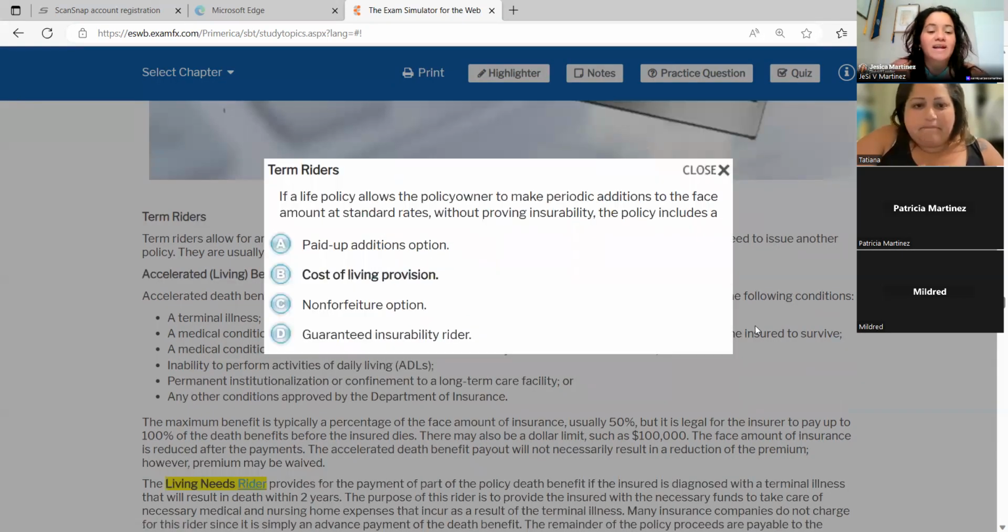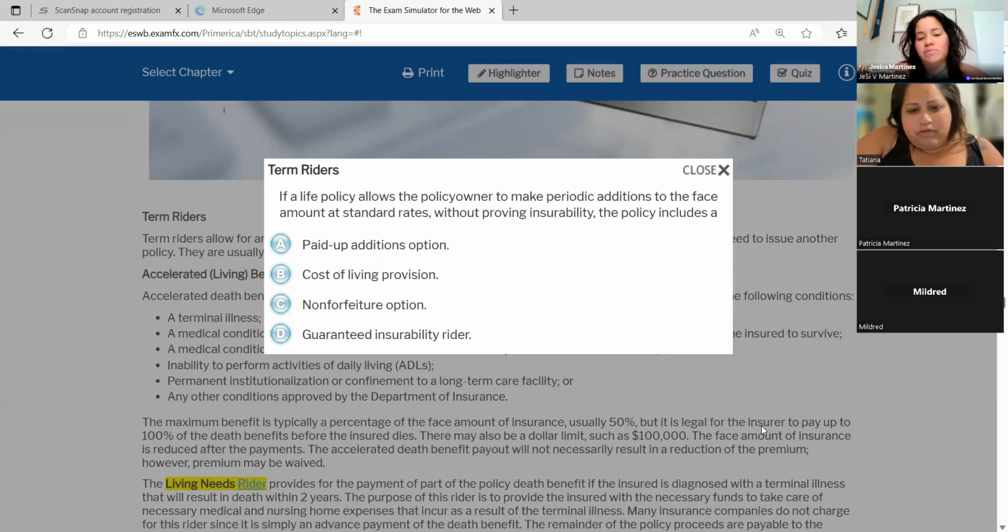Okay, if a life policy allows the policy owner to make periodic additions to the face amount at standard rates without proven insurability, the policy includes A, paid up additions option, B, cost of living provision, C, non-forfeiture option, D, guaranteed insurability rider. I think so too.